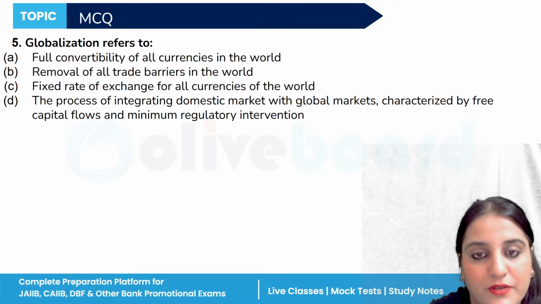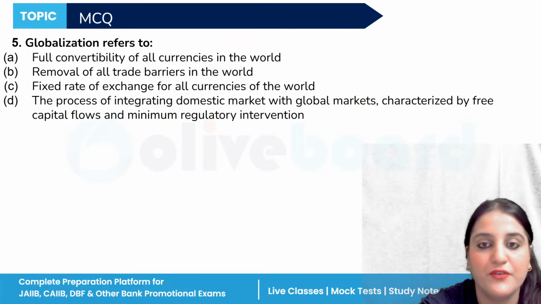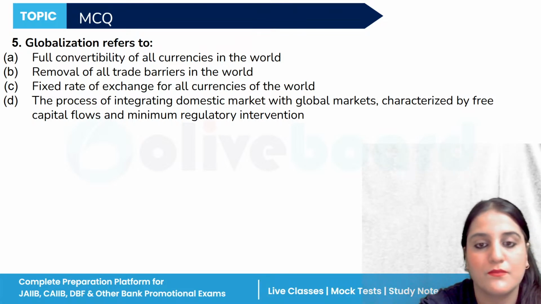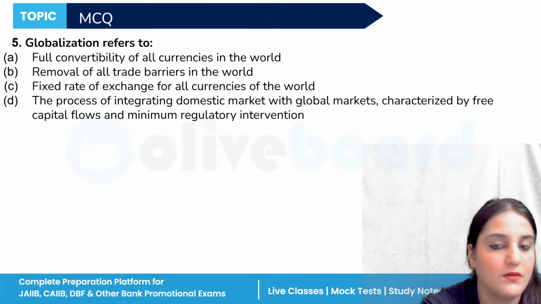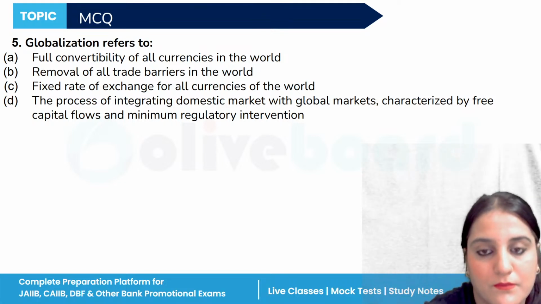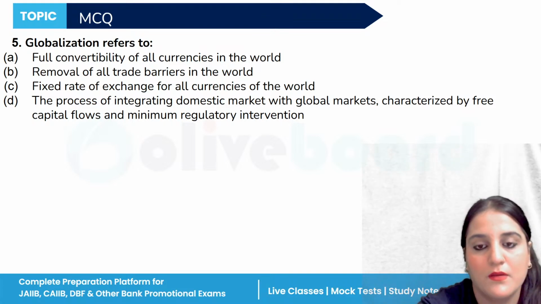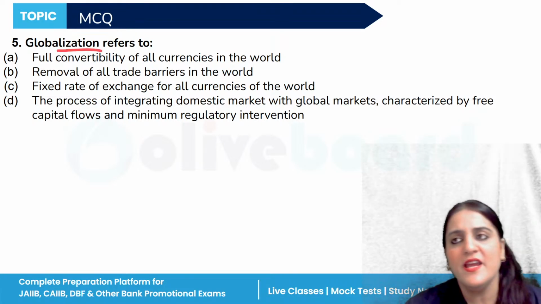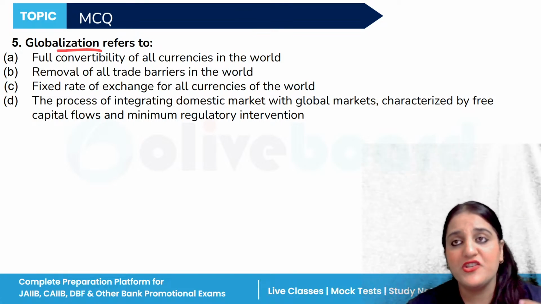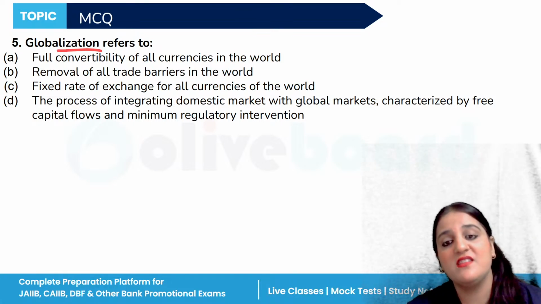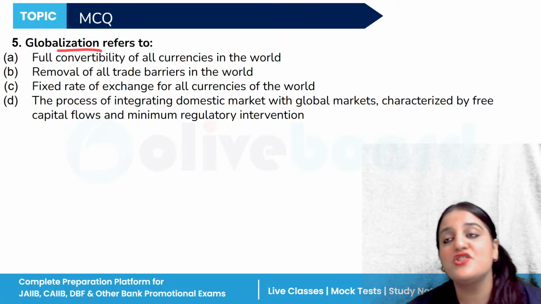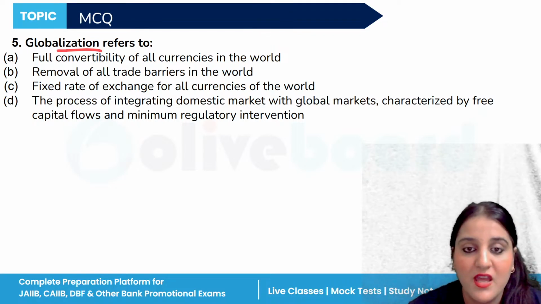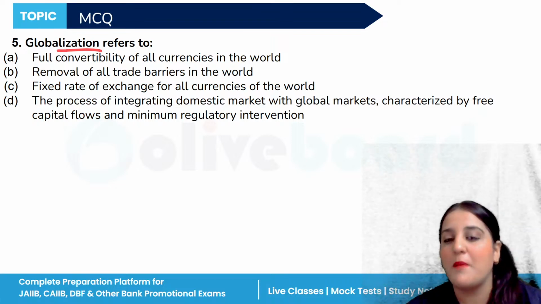Now globalization. Globalization refers to, what is the correct answer? Globalization is the process of integrating the economies, financial markets, trades, and investments across countries, which leads to increasing interaction and interdependencies among the nations.